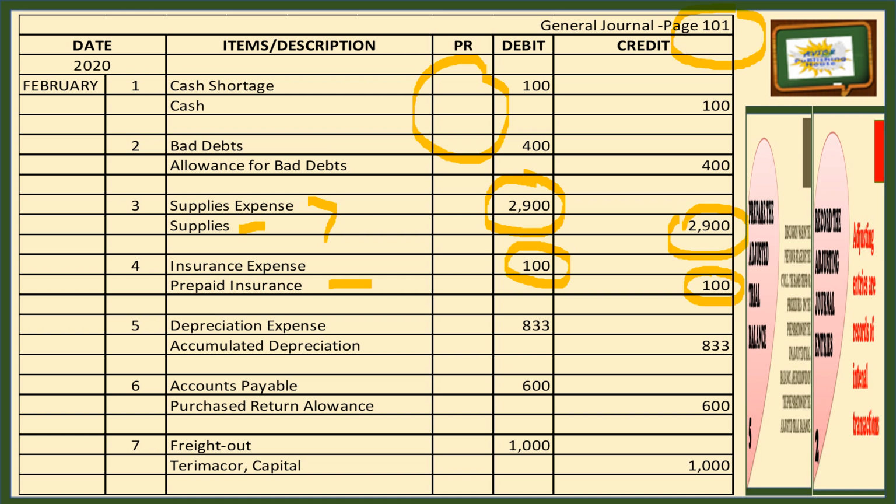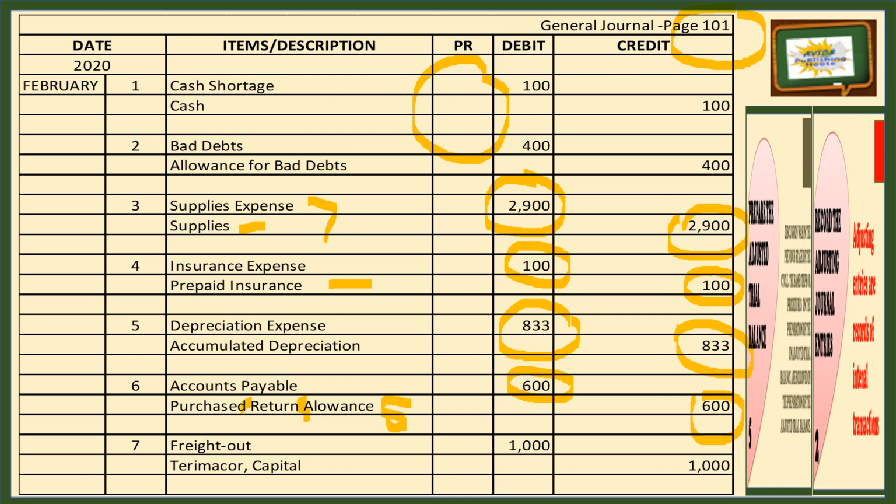Now, the depreciation was computed using the straight line method, and depreciation expense is debited by 833 and accumulated depreciation credited by 833. Accounts payable for the unrecorded debit memo is debited by 600, and purchase returns and allowances is credited for the returned merchandise.